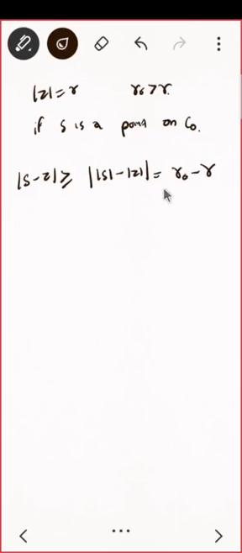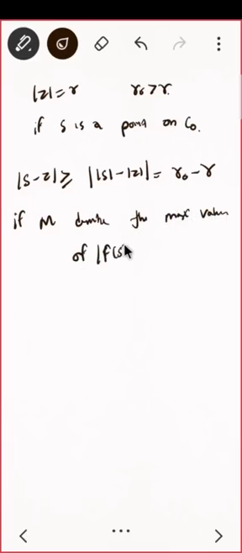Yes. So let capital M denote the maximum value of mod f of s on C naught.